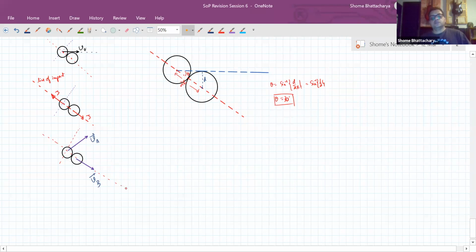So we now take the line of impact as our x-axis and the perpendicular line as our y-axis.